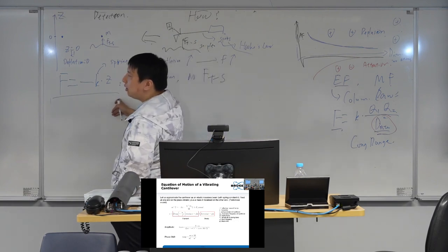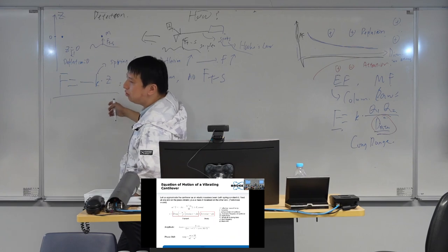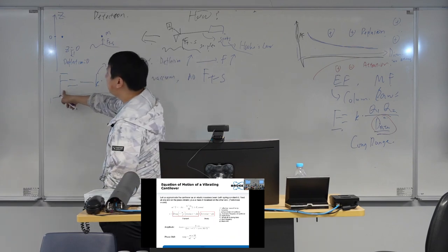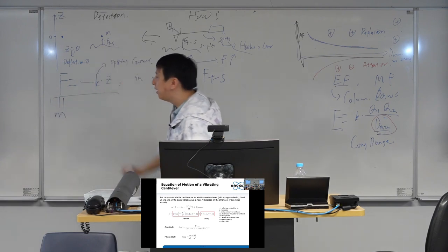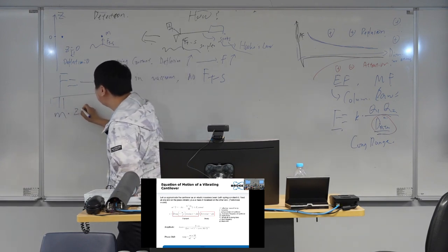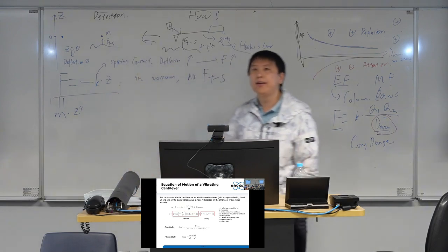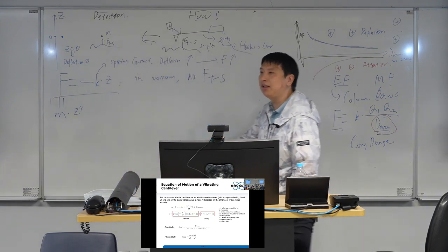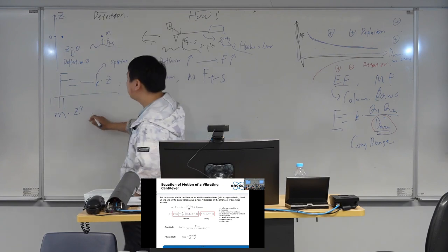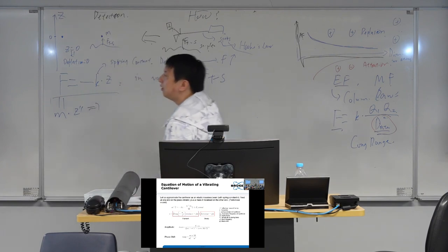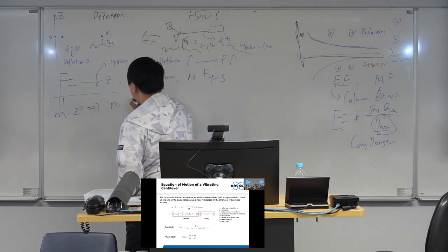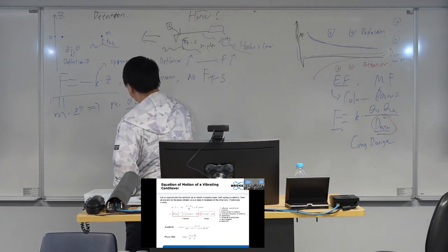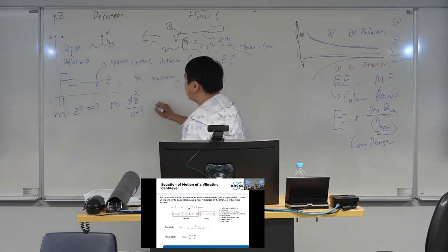So according to Newton's law, this will equal the mass of the probe times the second derivative of z, the acceleration of z. So we get a formula like that: m times z double dot equals negative kz.